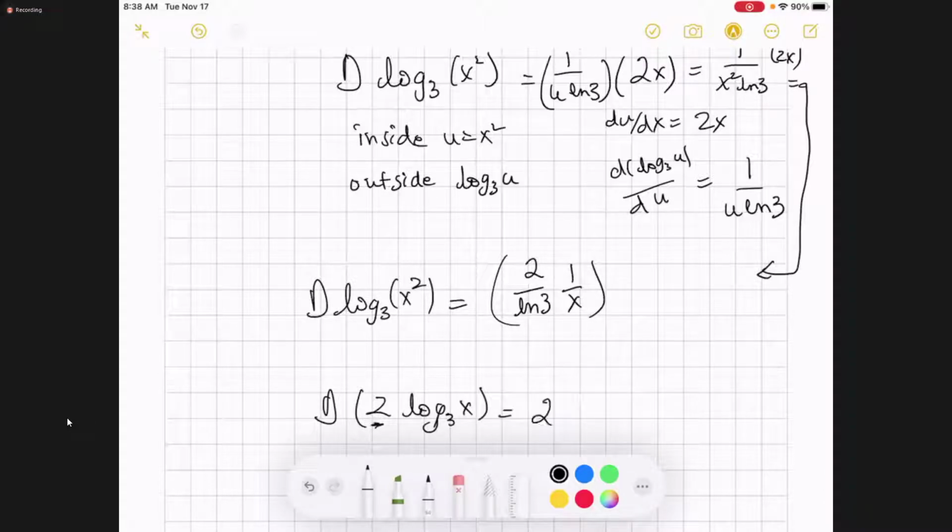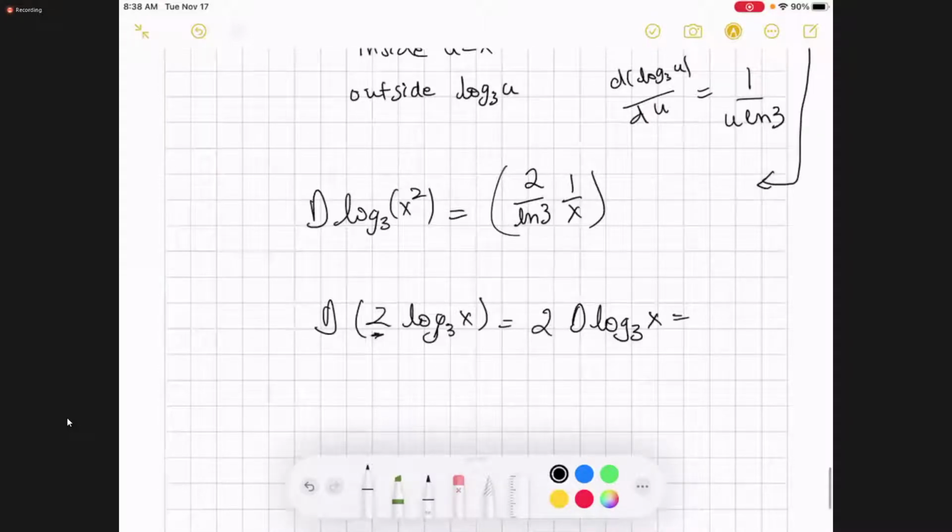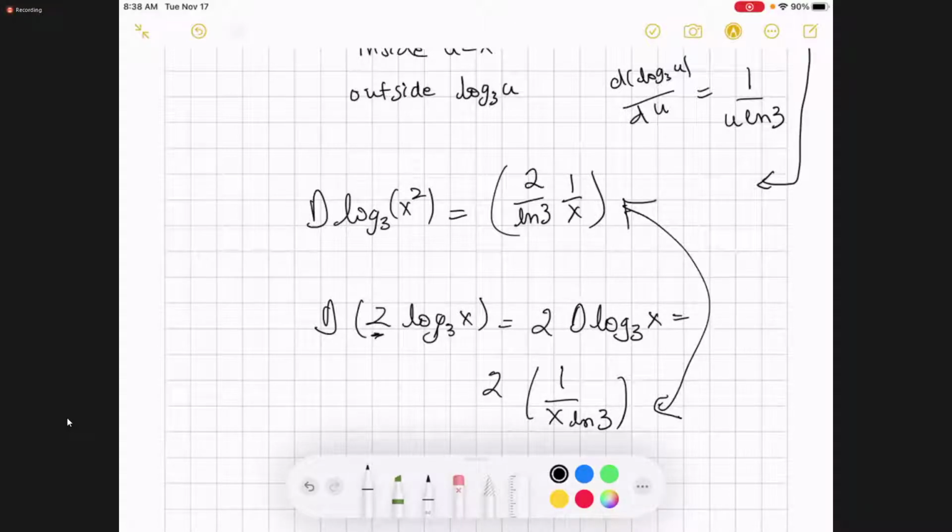So that's 2 times the derivative of log base 3 of x, which is 2 times 1 over x ln 3. So I get the same thing, as I should.